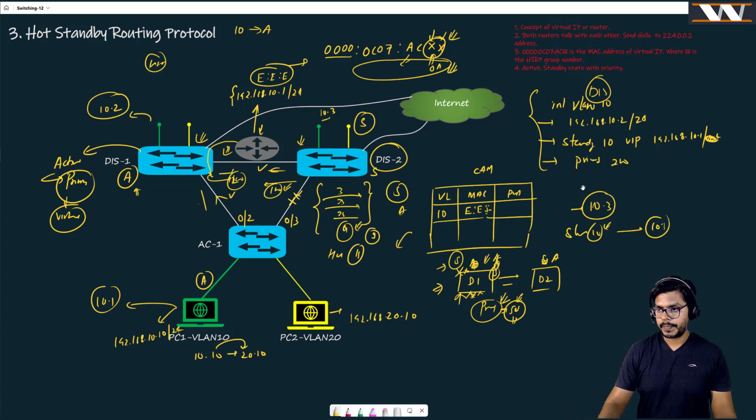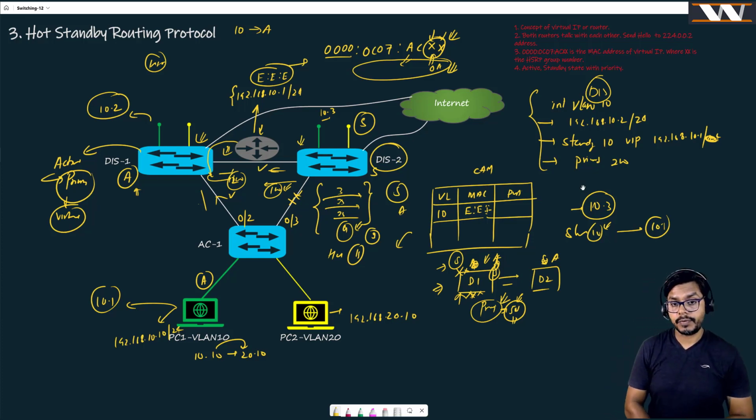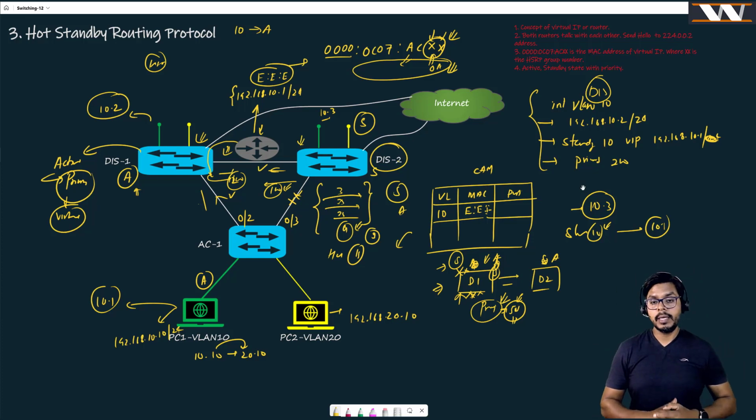Okay. I see. For example, maybe we want subsecond convergence. Yeah. In this case, we should decrease the HSRP timer to a very small value, as much as possible. That's what I'm saying, but I need to check whether we can configure this hello timer value to less than a second.